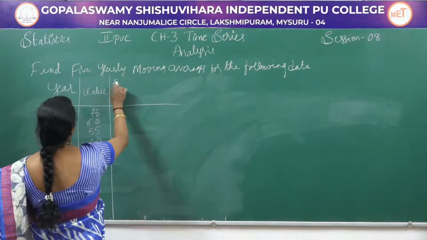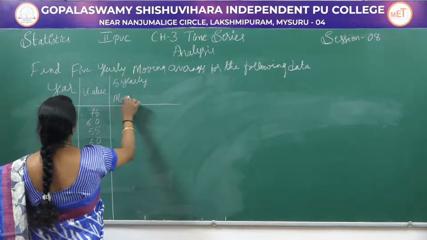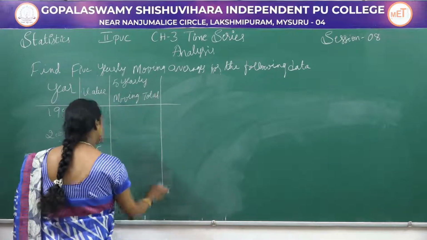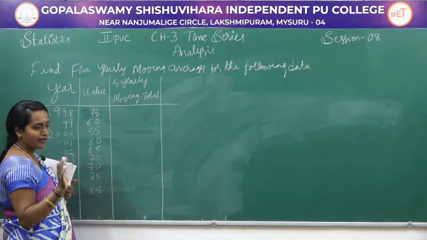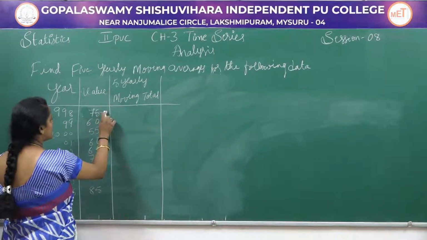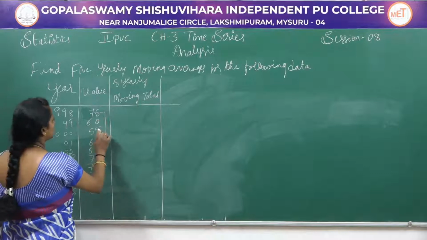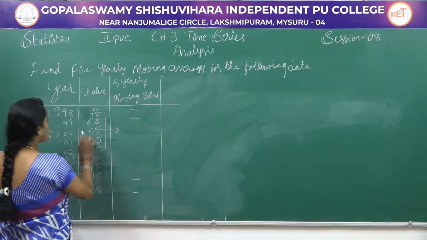So next is 5 yearly moving total. First I'll put the brackets for the numbers, 5 numbers. First 5, 1, 2, 3, 4, 5, and the position is this. First and last 2 will be blank.